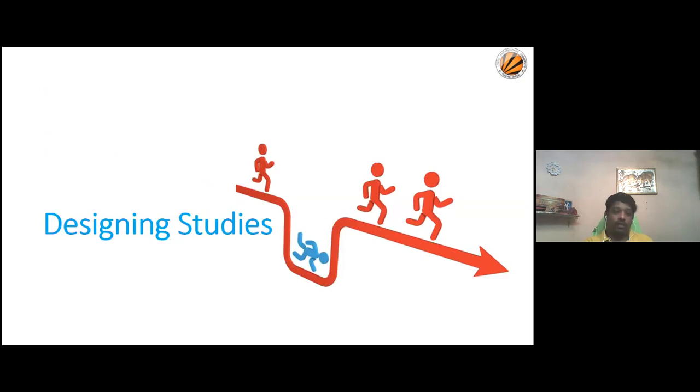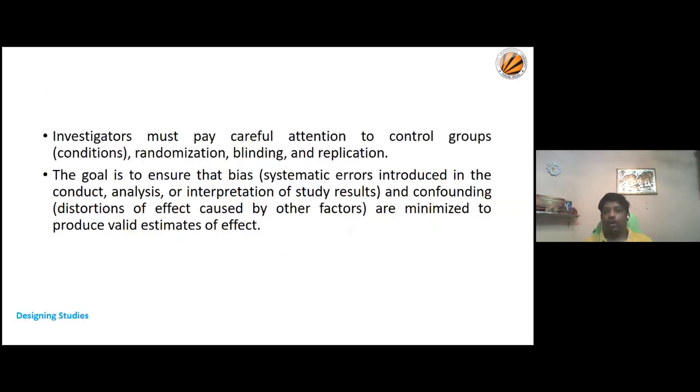The first one is designing studies. When you design a study, the investigator should pay careful attention to the control groups. The control groups are very, very important.